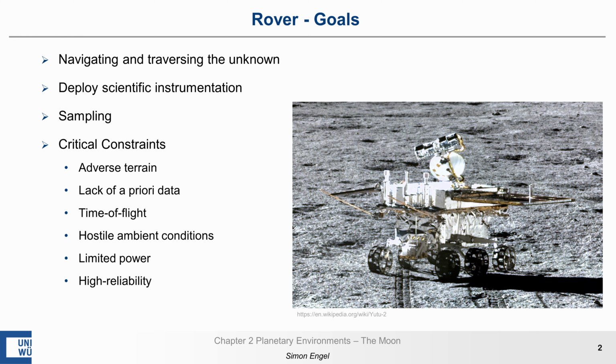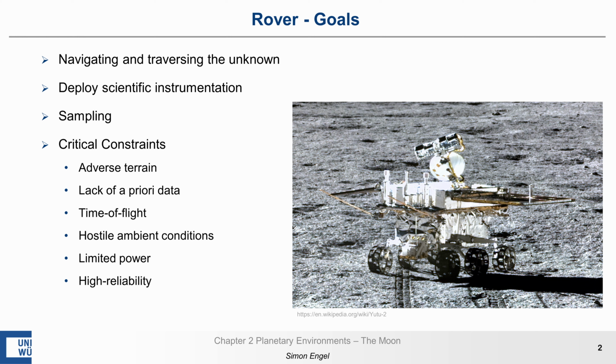This is especially necessary for navigating on another celestial body, which cannot be done by teleoperation because the time of flight of the signals is typically too large for driving a rover live on another planet.